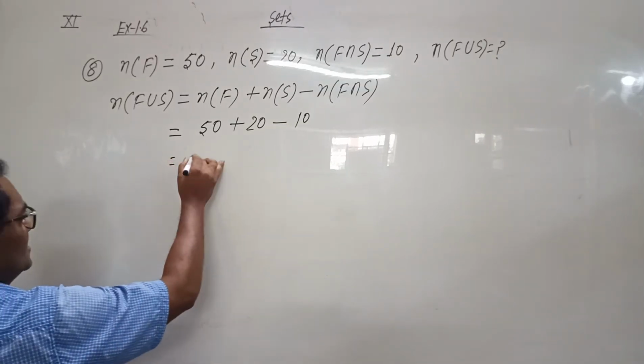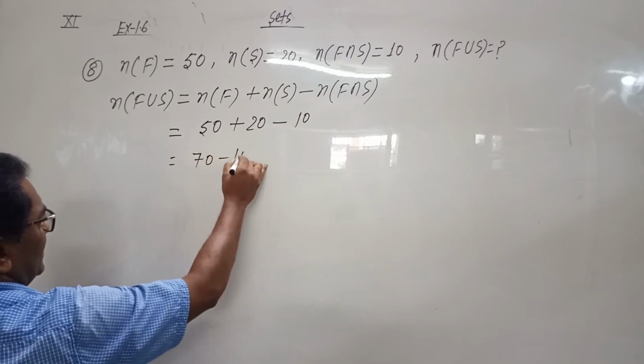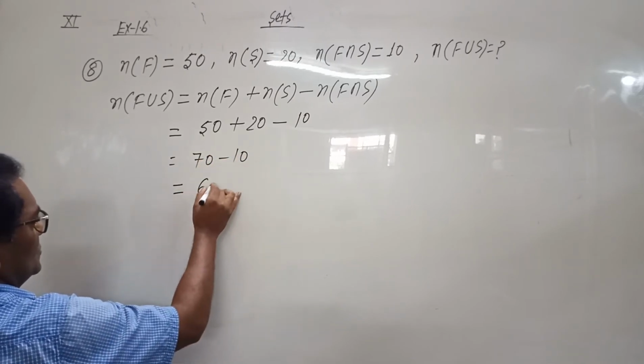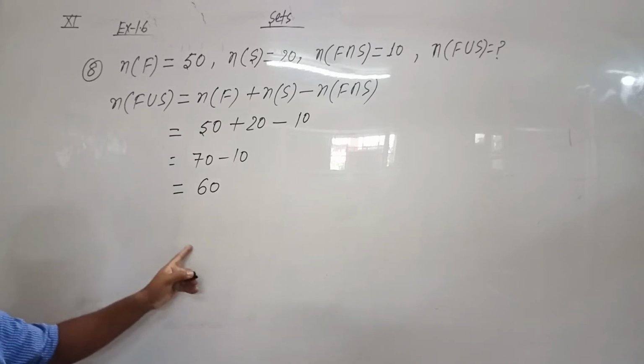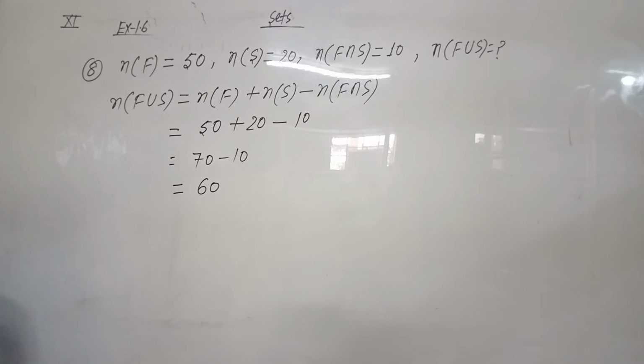So it becomes 70 minus 10, which equals 60. So the total number of people who speak at least one of these two languages, N of F union S, is 60.